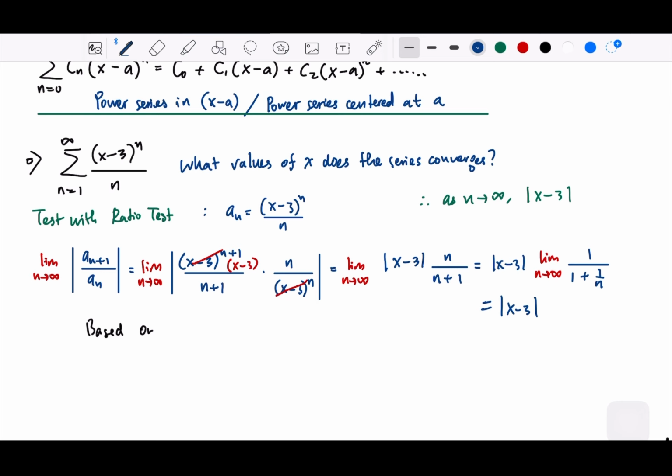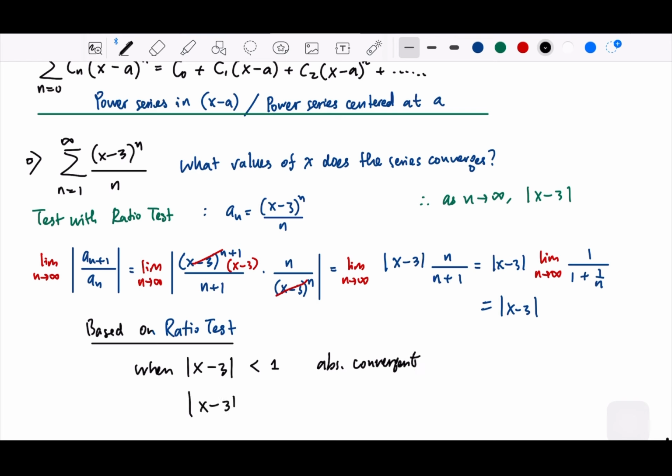So based on ratio test, when the absolute value of x minus 3 is less than 1, this is going to be convergent, or absolutely convergent, if you remember. When it is greater than 1, this is going to be divergent. And we take this into our considerations.